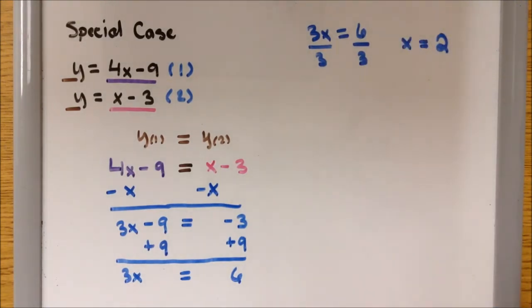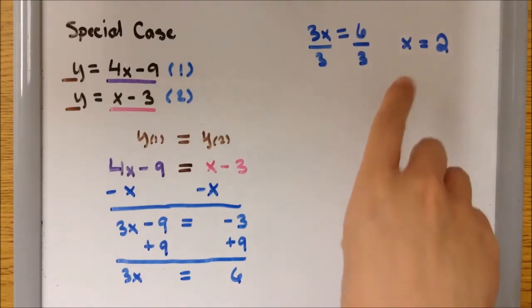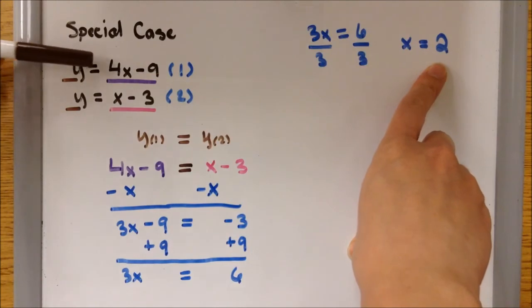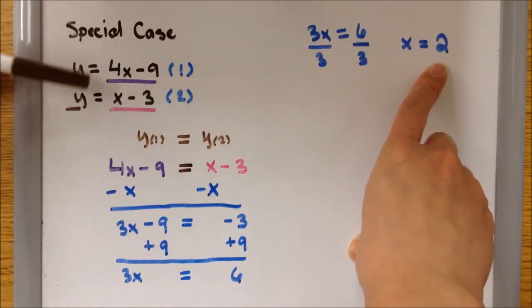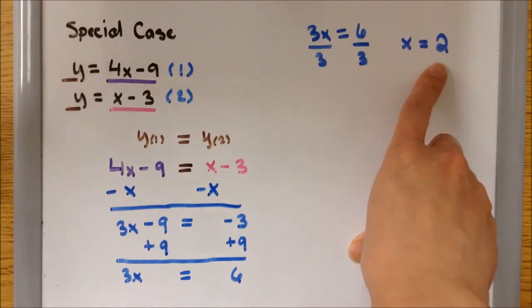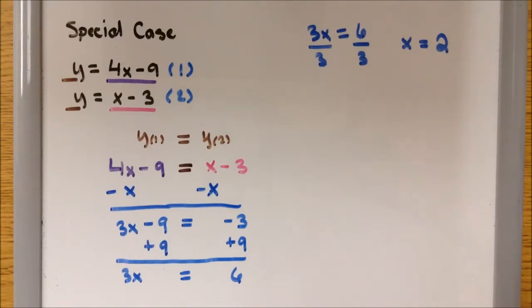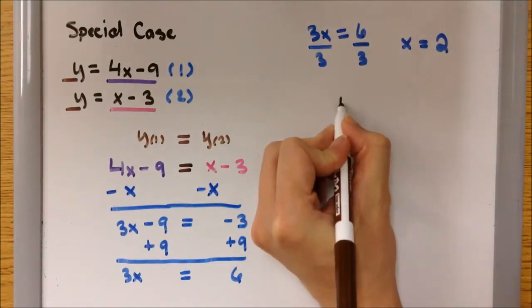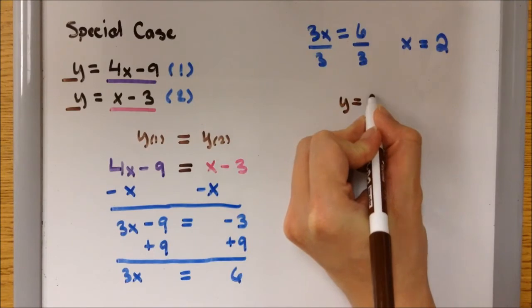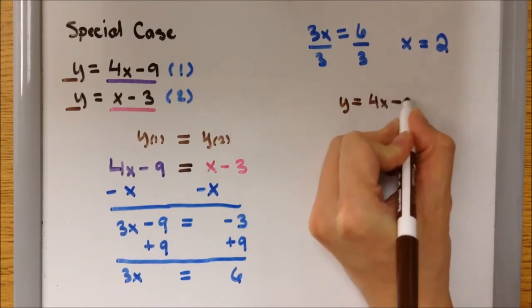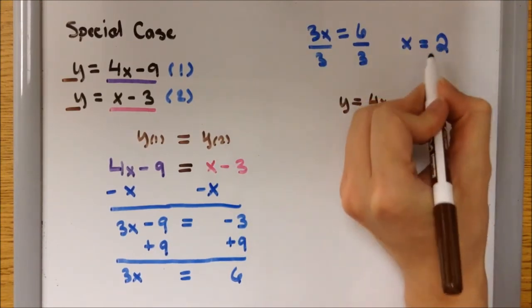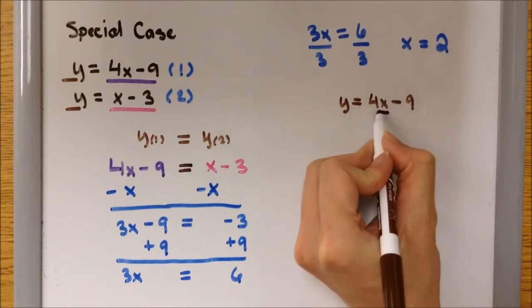Alright, so we got the value of x. Now what I'm going to do is use this value and plug it into either equation. So let's say we do the first one. y equals 4x minus 9. I'm going to plug the 2 into this x.